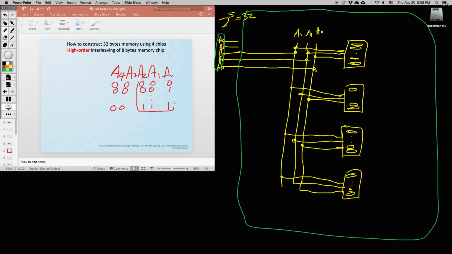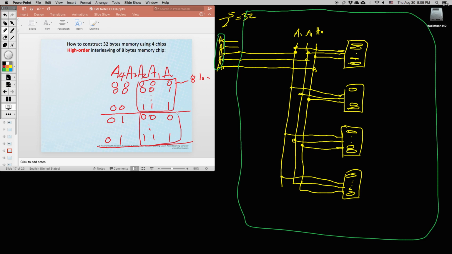Out of those 3 bits, you get 8 locations, 8 addresses, and these 8 locations are within one of those chips. Then as we continue, now 01000 is there, and you can also have 01111, and then 10000 and so on.